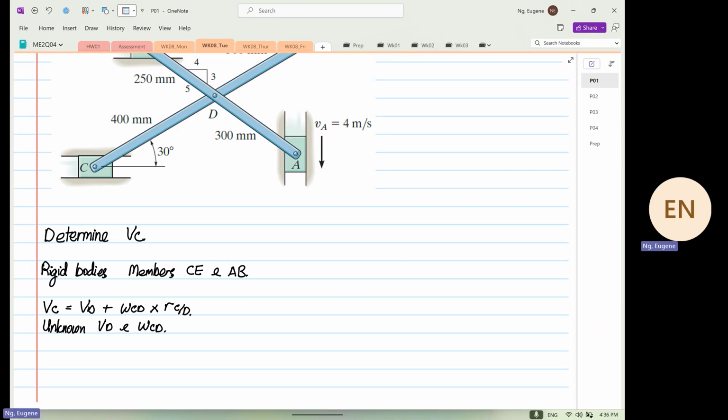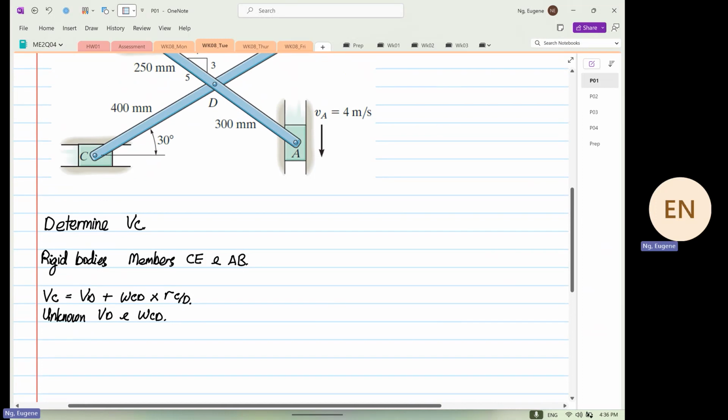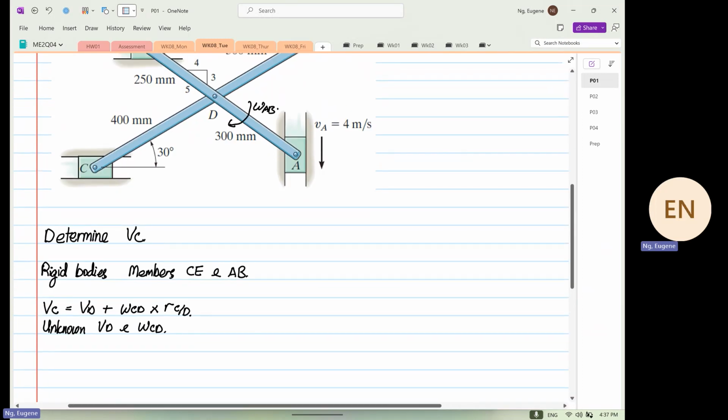So before we can go there, we want to determine our omega AB, because we need VD. So for omega AB, what formula are we going to use?